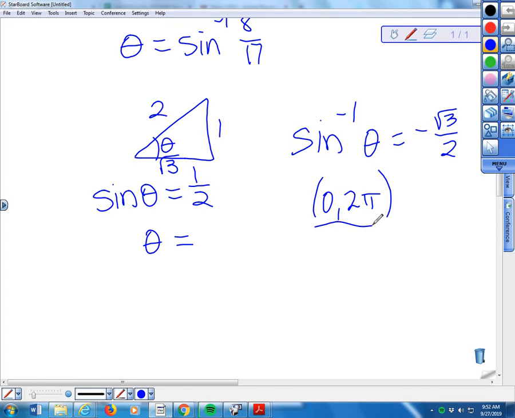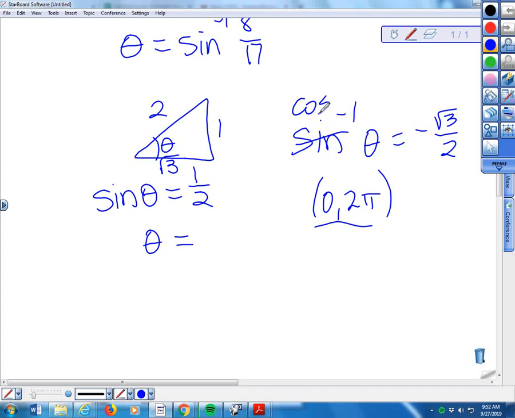Okay? So we're going to focus in this section on being able to do your inverse sine, cosine, cotangent, tangent of the special angles, to get to where you're really good at being able to say third quadrant, I know it's 4 pi over 3 because it's negative square root of 3/2. You just know. Cosine of negative square root of 3/2 would be pi over 6. And where would cosine be negative if this is cosine?